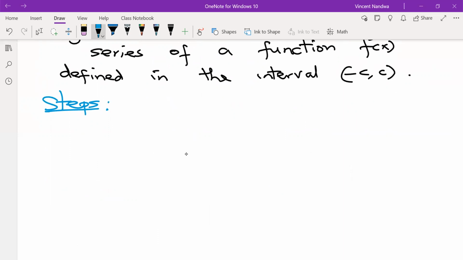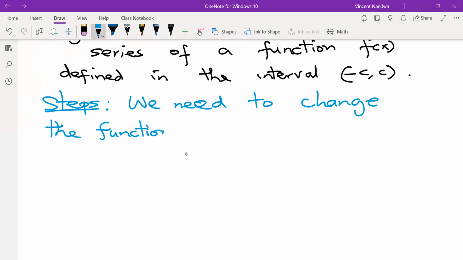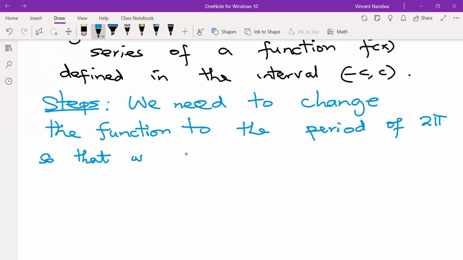So we need to change the function to the period of 2 pi so that we can apply formula 1, which gives the general Fourier series of a function defined from minus pi to pi.